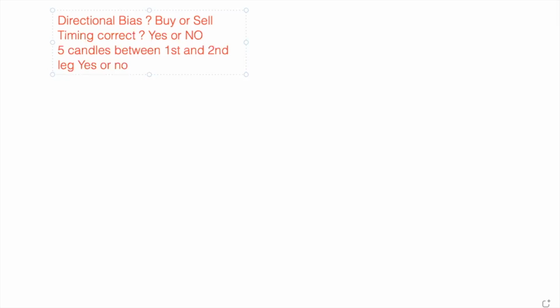And then make sure that it's coming from the bottom or the top. So you don't want a type 3 that's coming out of the middle of the Asian range. If it's doing that, you want it to come down, hit the bottom and get rejected from the middle of the range. You don't want it to come out of the middle and then just automatically drop.